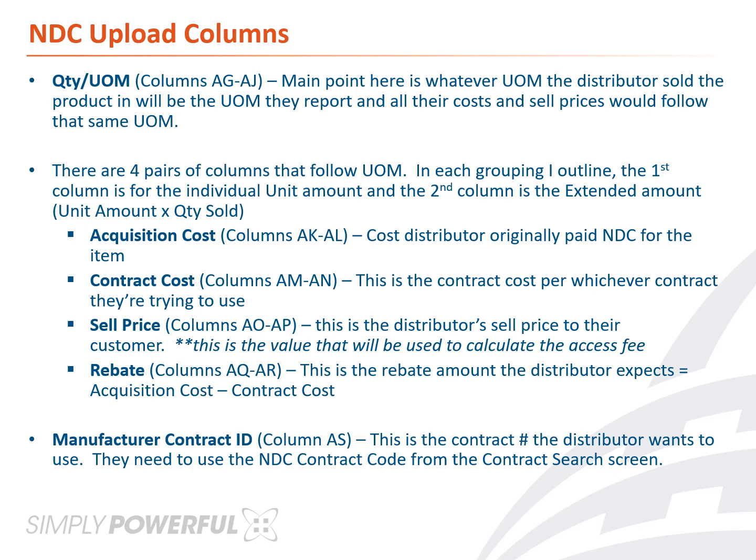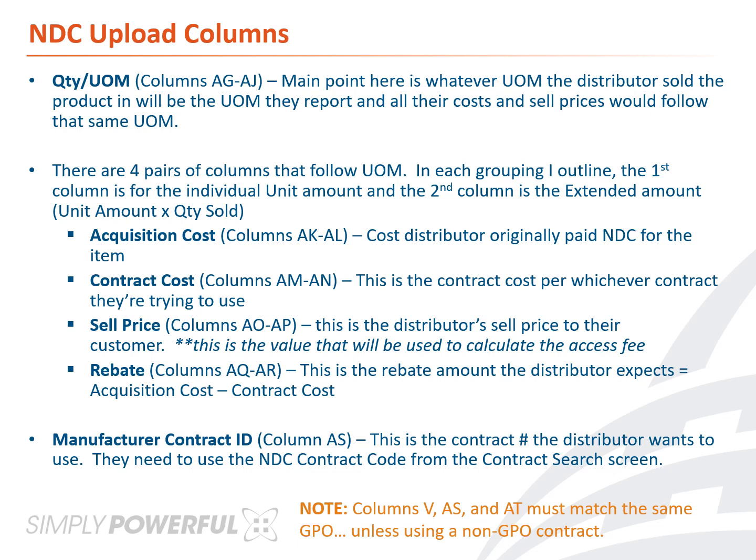Each pair are related to pricing and will include the cost for each unit of measure and the extended cost. The acquisition cost minus the contract cost will equal the rebate. The sell price, which is columns AO and AP, are necessary for all GPO contracts. This is how your GPO admin fee is calculated.